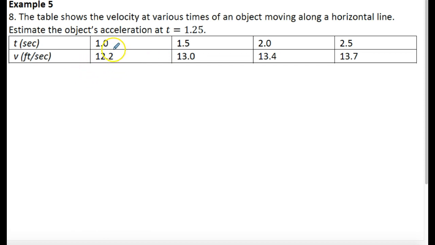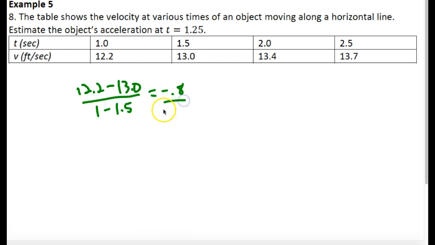So what I can say is 12.2 minus 13.0 over 1 minus 1.5. So we get negative 0.8 over negative 0.5. All right. And I mean, we could actually do that division, and that comes out to a positive 1.6.